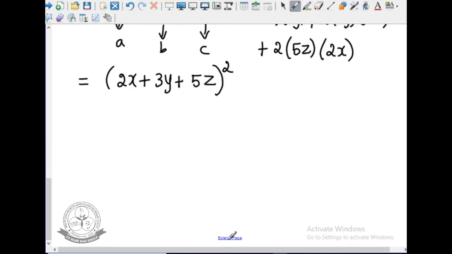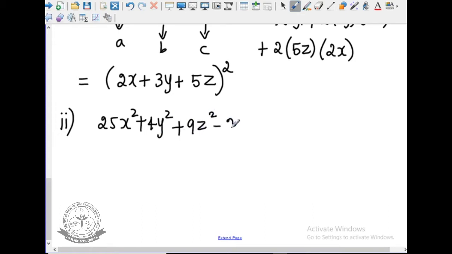Then next, the second subdivision. This is also the same way. 25x square plus 4y square plus 9z square minus 20xy plus 12yz minus 30xz.